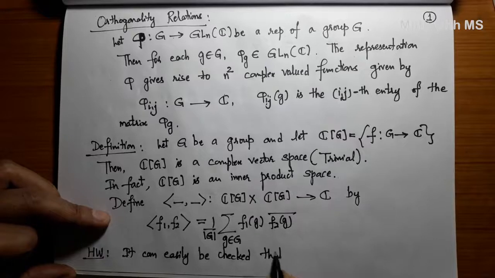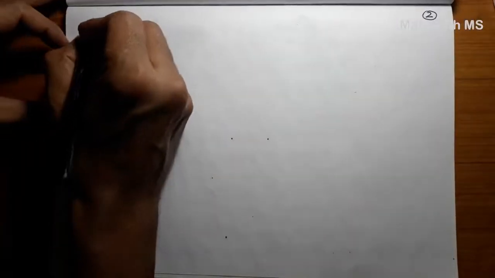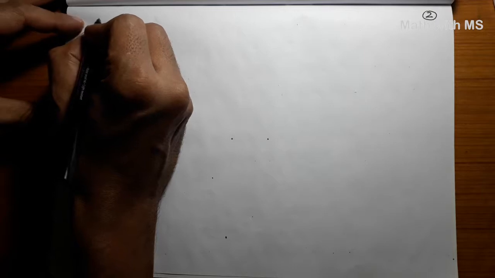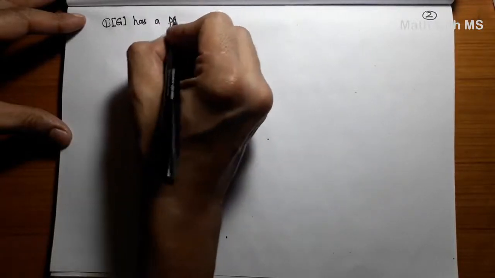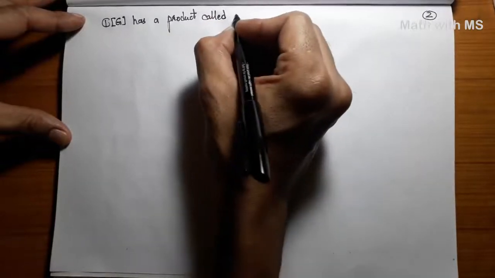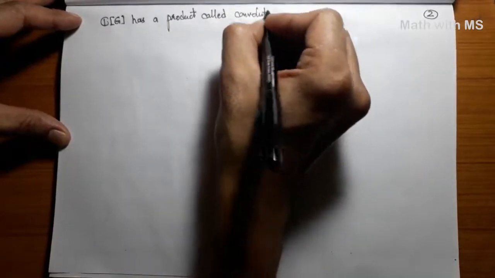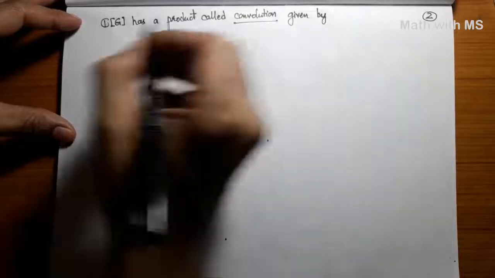Homework: check that CG with this inner product is an inner product space. In fact, CG is an algebra, so CG has a product, which in this setting we can call a convolution, given by the following rule.